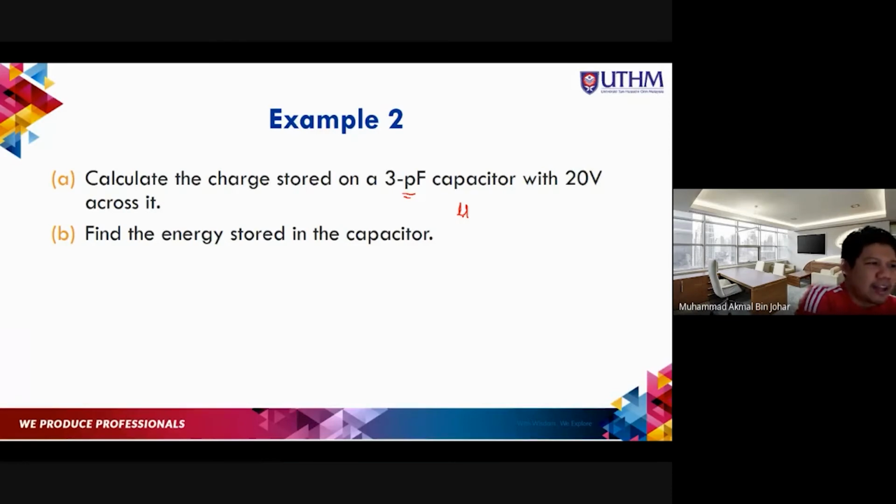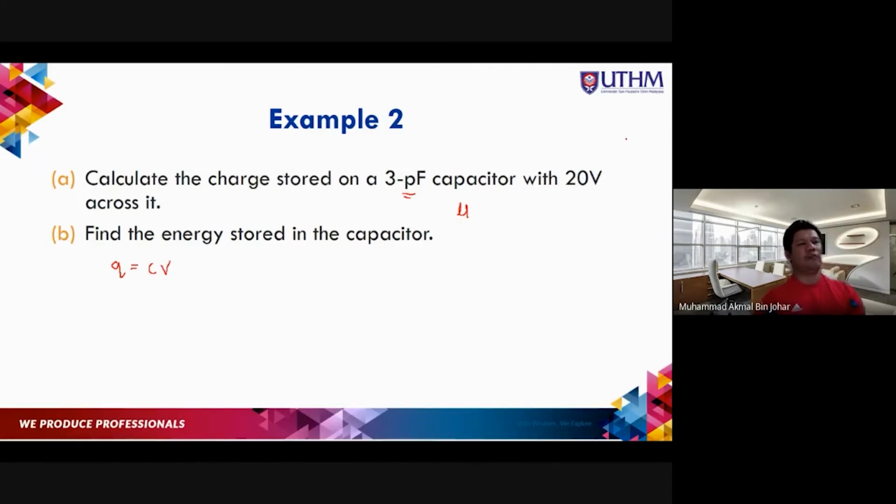So calculate the charge stored on the 3 picofarad capacitor with 20 volt across it. And then find the energy stored in the capacitor. So apa equation yang kita dah belajar tadi? What we have learned is charge Q dalam capacitor is equal to CV, kan?